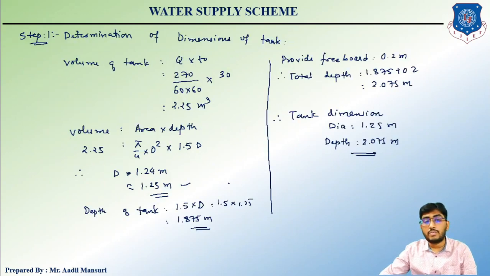Right. So first step, determination of tank dimension. That is, from discharge we will find out the volume, right? And from volume we will assume the depth 1.5d, that is 1.5 times the diameter, right? And from that we will get depth and diameter. Then provide total depth and total dimensions.